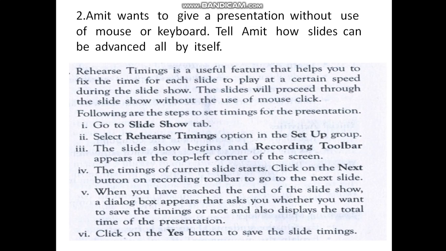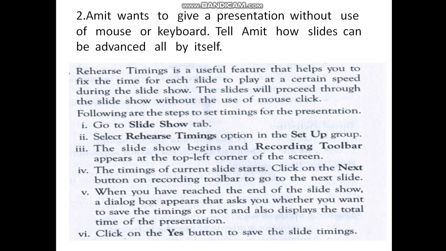Okay, the steps how to do. First one, go to the slideshow tab. Next, select the rehearse timings option in the setup group, and the slideshow begins and recording toolbar appears at the top left corner of the screen. The timings of the current slide starts. Click on the next button on the recording toolbar to go to the next slide.